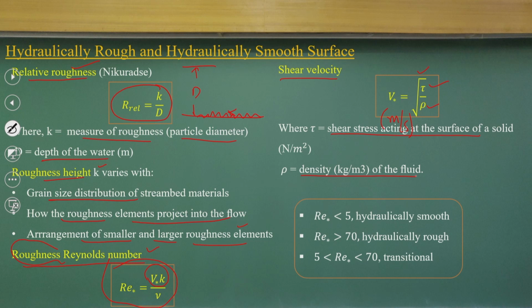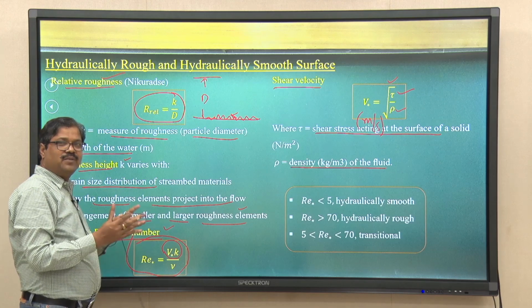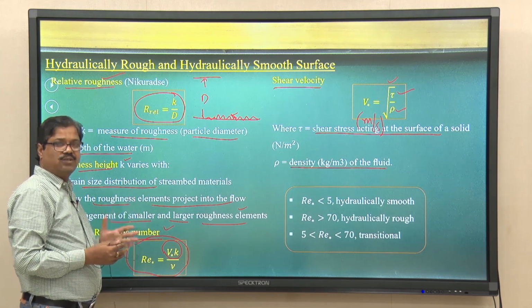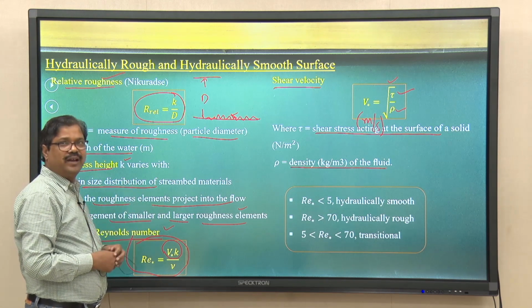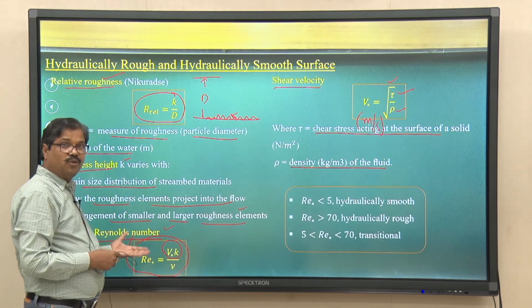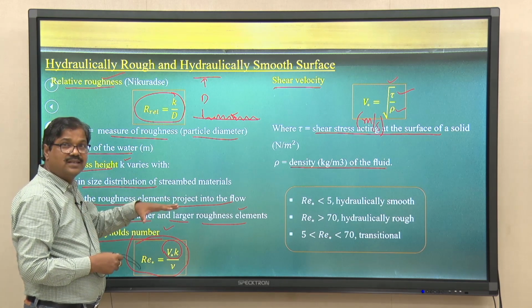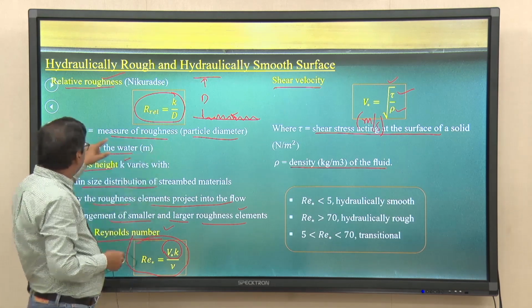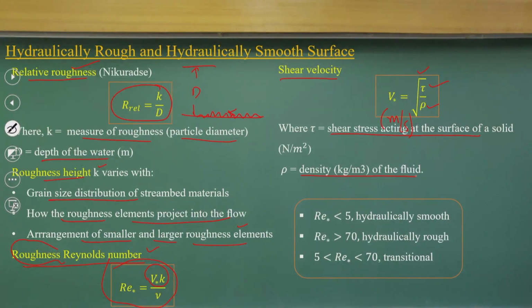As we know from pipe flow, we separate laminar flow and turbulent flow based on Reynolds number thresholds. In exactly the same way in channel flow, where we have bed roughness, we can compute the roughness height in terms of particle diameter, compute the shear velocity, and we know the kinematic viscosity of the fluid.